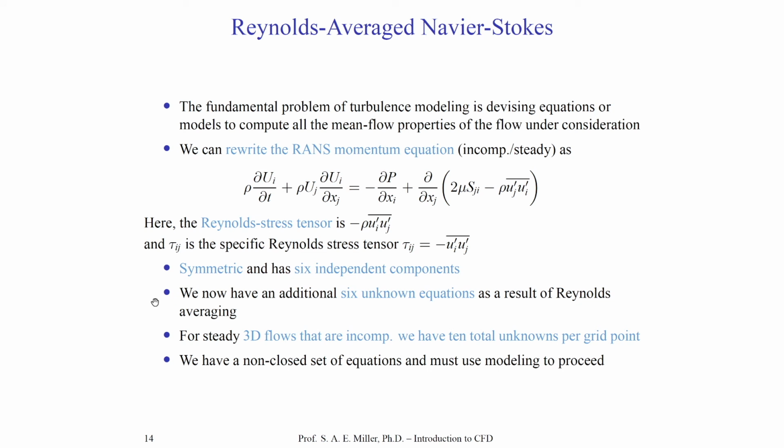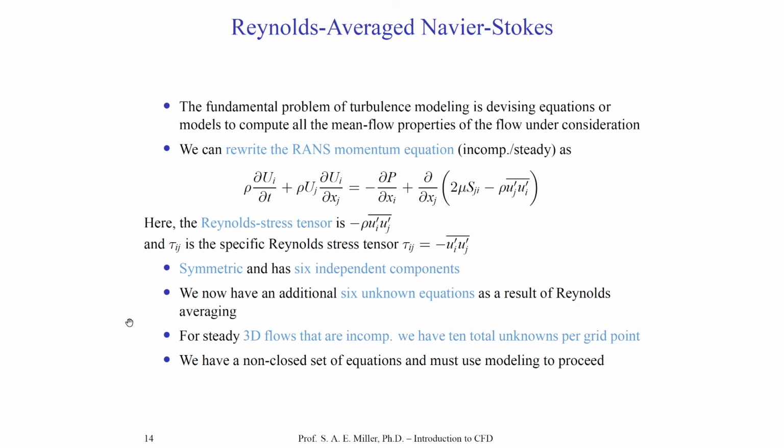Since there are 9 components of the Reynolds stress and it's symmetric, we only have unknown values along the diagonal and 3 off-diagonal terms in 3 dimensions. In 2 dimensions, we would have 3 additional unknowns. So even though we essentially have a 3x3 tensor, it only has 6 unknowns because it's symmetric. We can just set the off-diagonal terms equal to their sister off-diagonal terms on the other side of the diagonal. Now, for steady 3-dimensional incompressible flows, if you count them up, we will have 10 total unknowns per grid point.